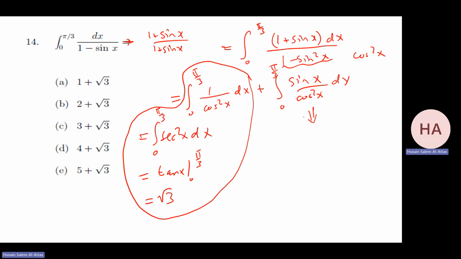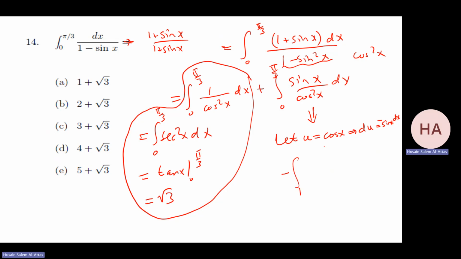For this one I can rewrite it as what? Sine x over cosine square. Yeah, I let u equal cosine x, du is sine x dx with a minus sign. So that will be minus integral of what?